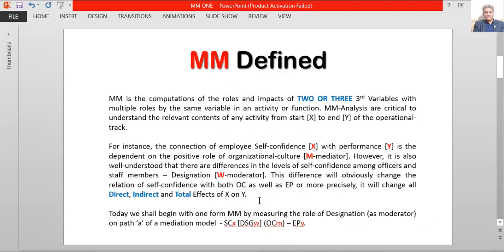Moderated mediation is the computation of the roles and impacts of two or three third variables with multiple roles by the same variable in an activity or function.